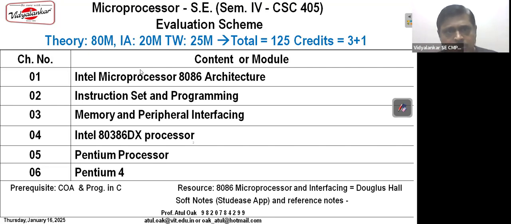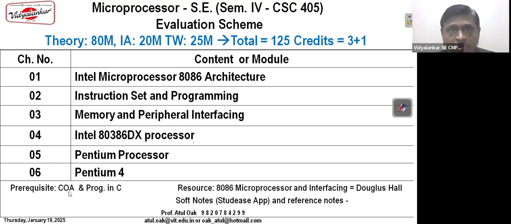So normal subject like all other subjects, but this subject is on the top of COA, because if you see the last point at the bottom of the table, which I'm referring, the prerequisite is COA.